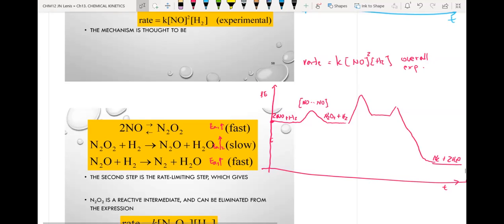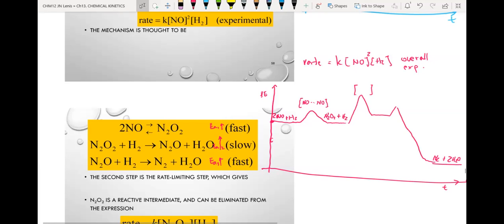And the mechanism says that the reaction is first order with respect to concentration of H2, and also the molecularity of the process is 1. That means at the transition state here, how many molecules are participating during the process?